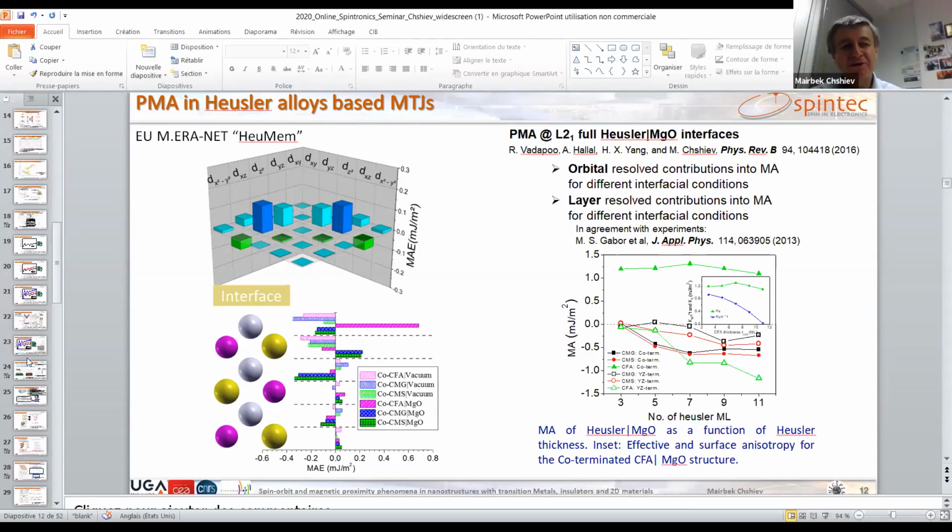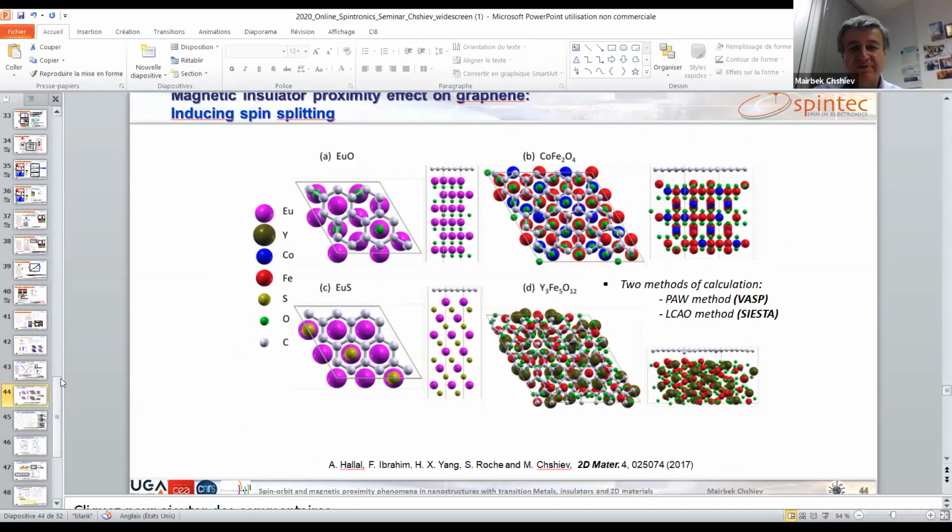Are you talking about the metallic ferromagnets, or you're talking about the proximity part? The proximity part. Okay. So let me go to that part. Because the calculations are usually heavy, to answer about this, first we have to find a good matching in our calculations.